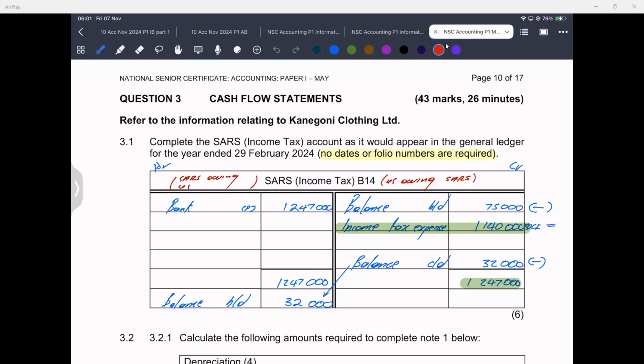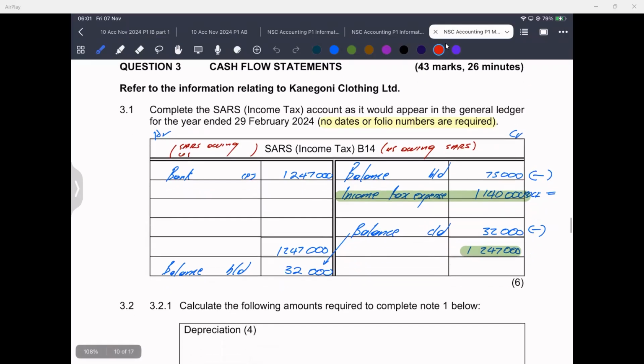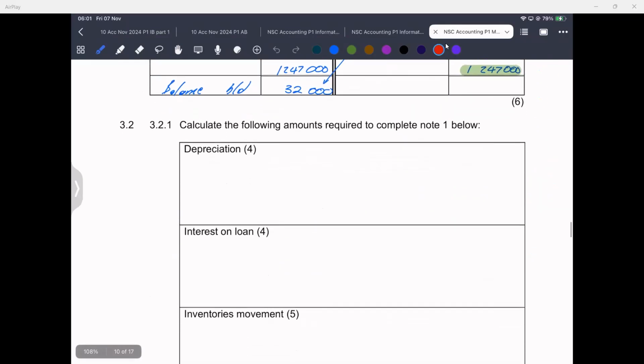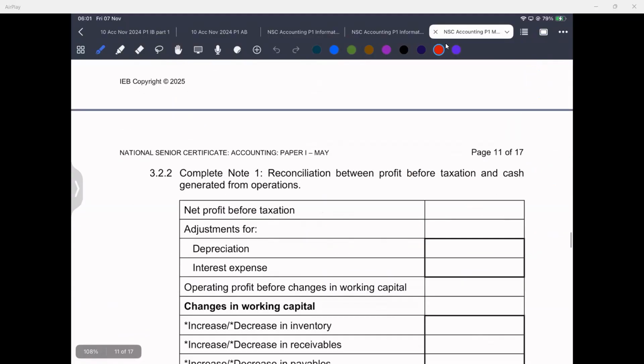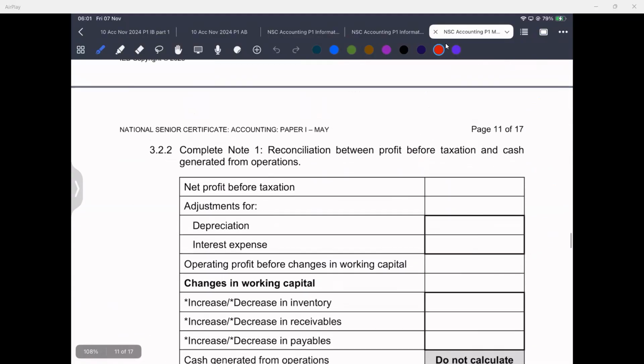Let us move to the next question, which is 3.2. Let's start with 3.2.1. We need to calculate the following amounts required to complete note 1 below. We need to calculate all of this so that we can complete this note over here.